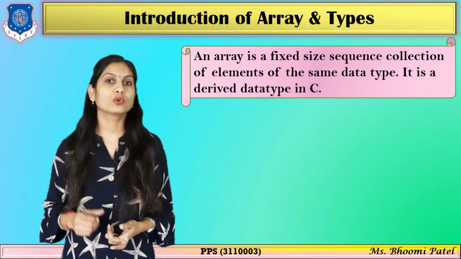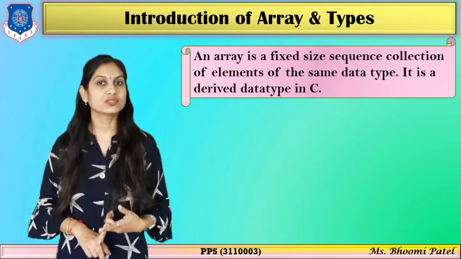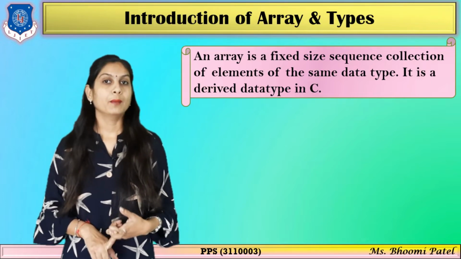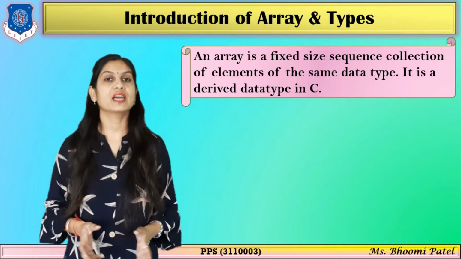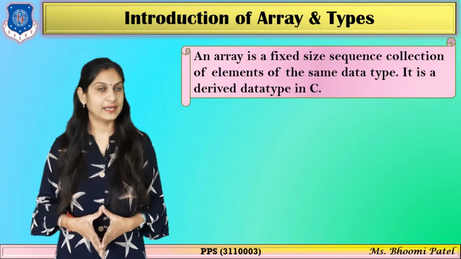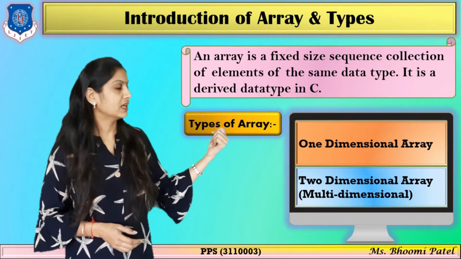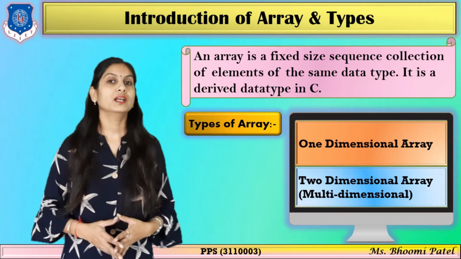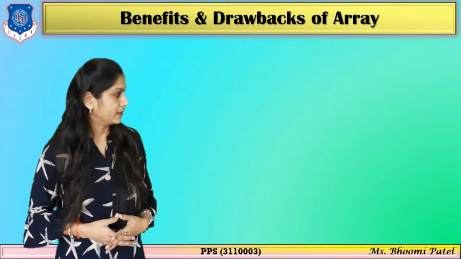Suppose you want to store all integer values in a single variable, that is possible with array. But if you want to store multiple values with different data types, then it is not possible with an array. Now there are two different types of array. First is single dimensional and second is multi-dimensional, or we can say two-dimensional array.